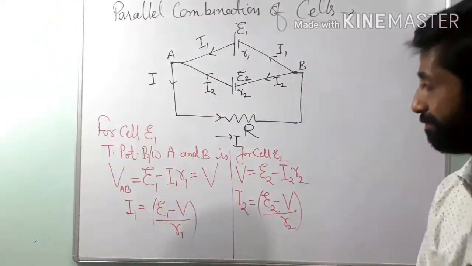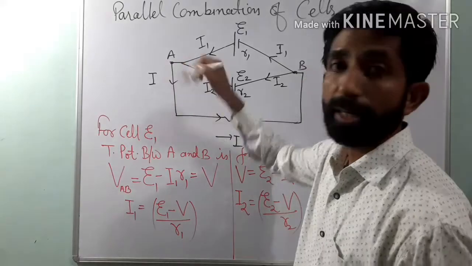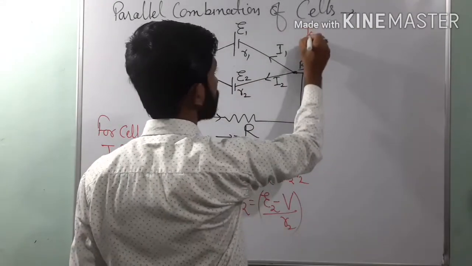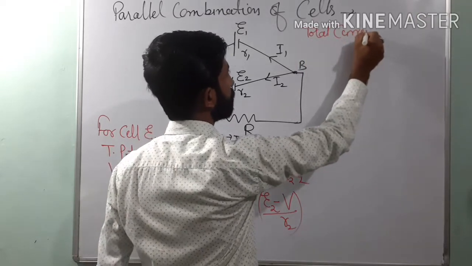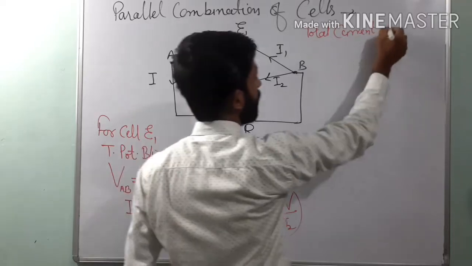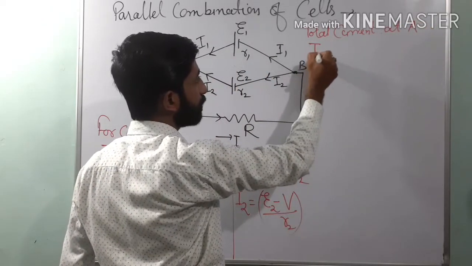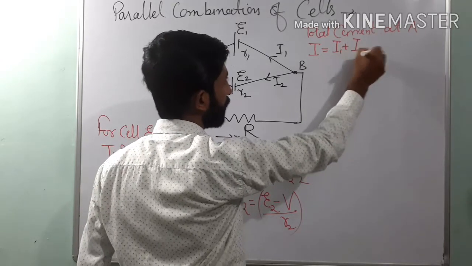Okay, clear? Now at point A, what's happening? The two currents are getting added. So the total current at A, that is I, equals I1 plus I2.